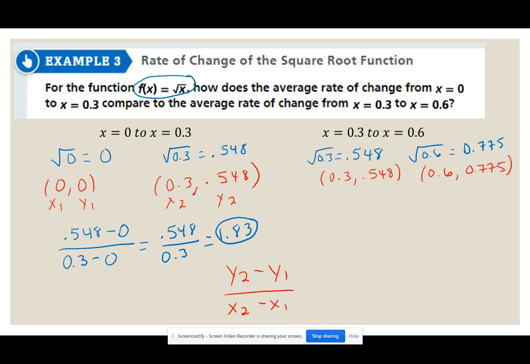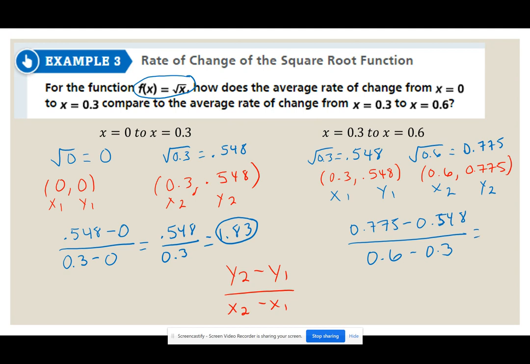So if we substitute those into the equation for rate of change, I would take my x1, y1, x2, y2. I would have 0.775 minus 0.548. It's a 5 there. Over 6/10 minus 3/10.